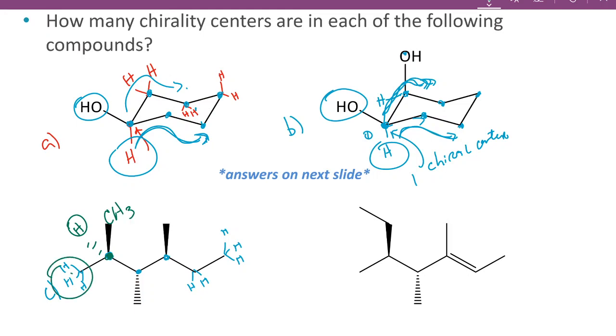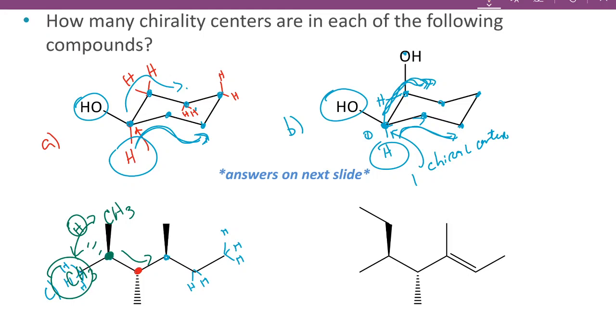Over here, I have a methyl group, so that's a CH3. And then I have the rest of the molecule. These methyl groups are the same, and therefore this carbon does not have 4 different things attached. So that's not a chiral center, even though they've drawn it with a wedge. So let's look at our next carbon.